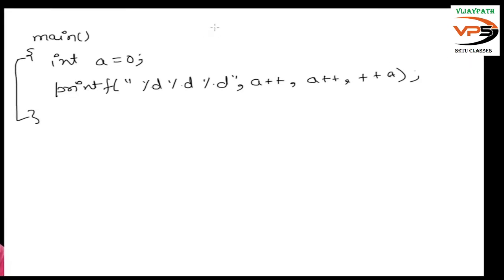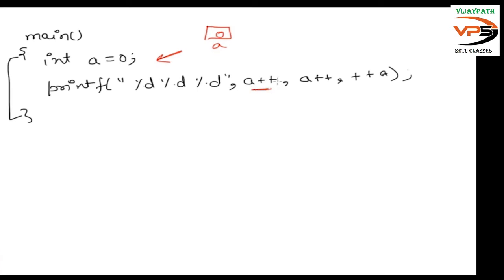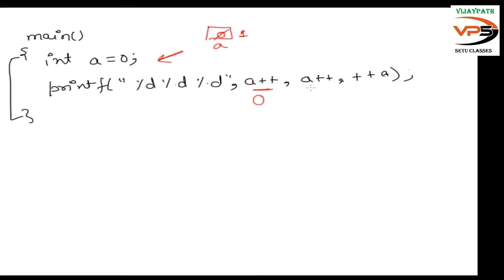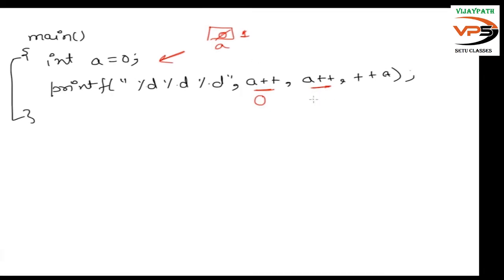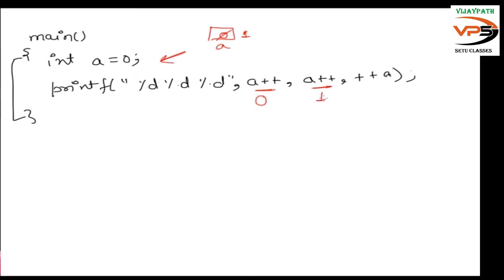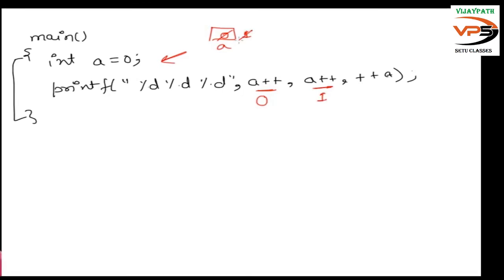So here the value initialized to the variable a is 0 because of this statement. Then the first statement is a plus plus. So traditionally, first it will print the value of a, then it will increment it and make it 1. In the second statement, again it will print the value of a, which is 1, then increment it to 2.